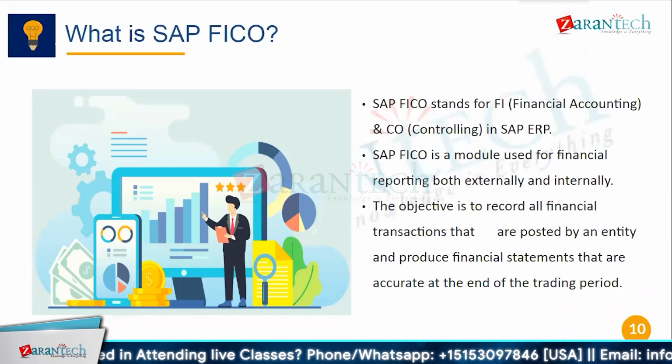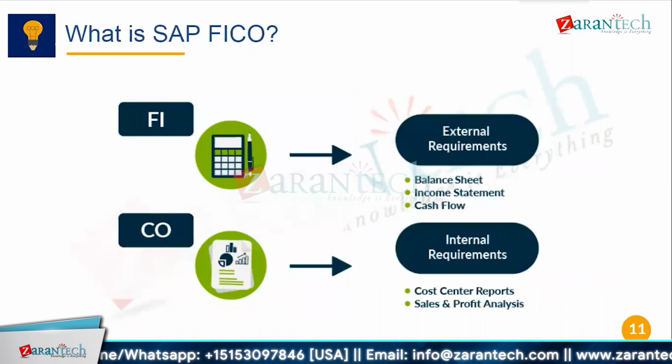The objective is to record all financial transactions that are posted by an entity and produce financial statements that are accurate at the end of the trading period. So, SAP FICO external requirements are the balance sheet, income statement, cash flow, and tax statements.